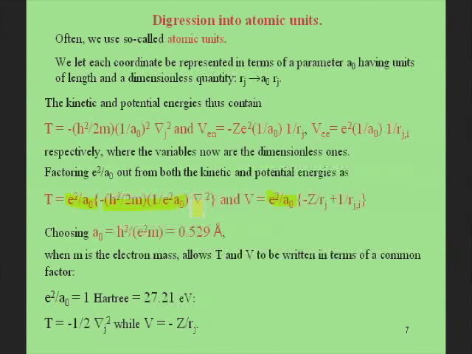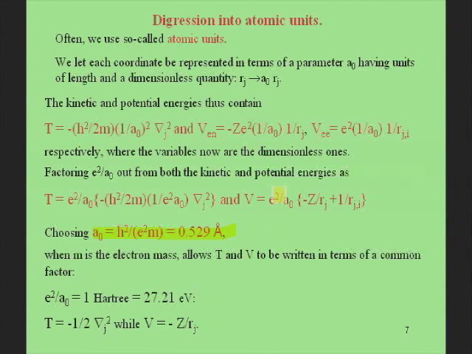So we made the kinetic energy uglier. Unless we just happen to choose a0 such that we cancel out all these terms in the kinetic energy. If I choose a0 to be h bar squared over the mass of the electron and e squared, then all this junk that's in front of the kinetic energy del squared will end up just being a half.